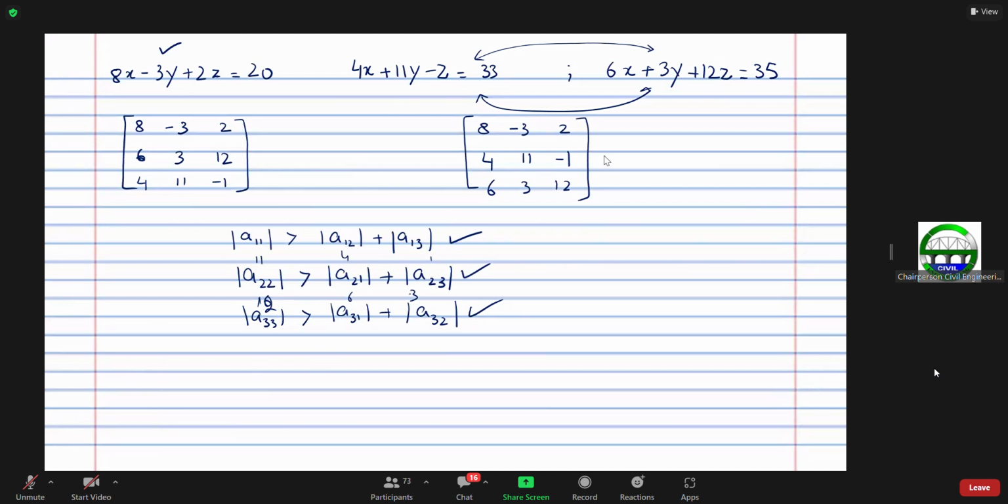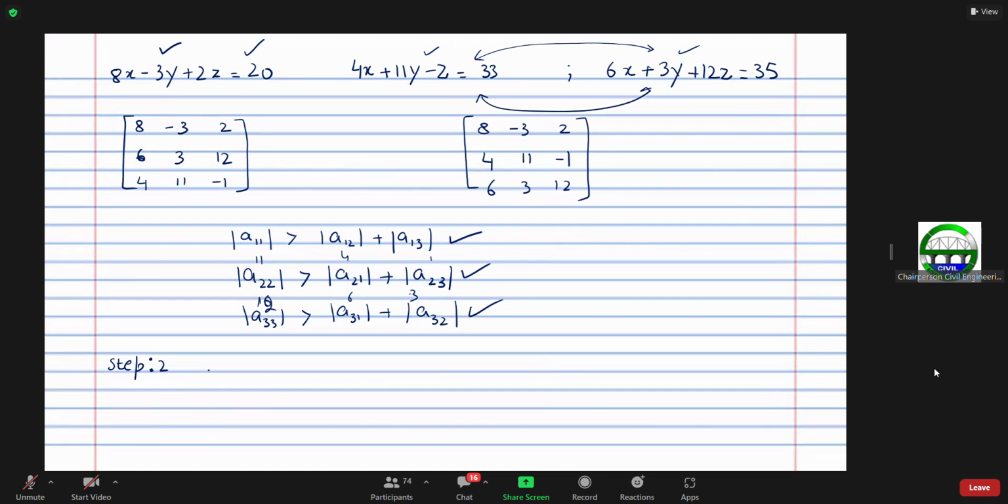Now what is your second step? Step number 2 is you have to get the values of x from here, y from here, and z from here. From equation number 1, you will get the value of x. From equation number 2, you will get the value of y. And from equation number 3, you will get the value of z.